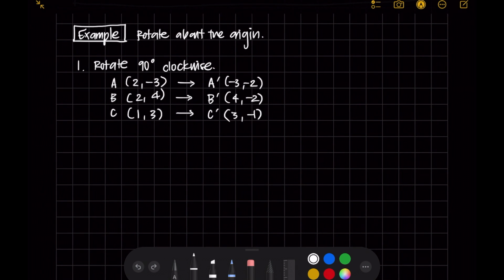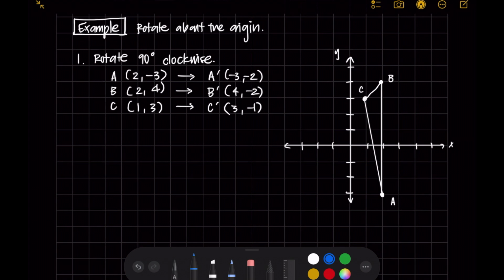Let's go ahead and draw this so that we have a visual understanding of what's going on. I'm going to use blue to draw the rotated figure. A prime is located at (-3, -2). B prime is located at (4, -2), which is right here. C prime is located at (3, -1). Sorry, (3, -1).